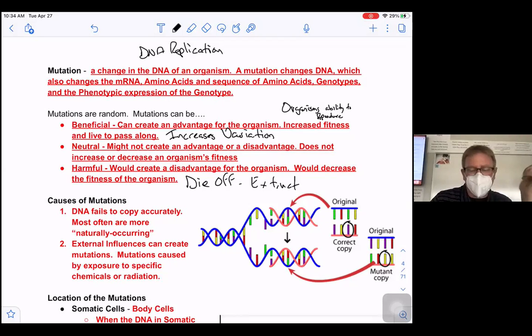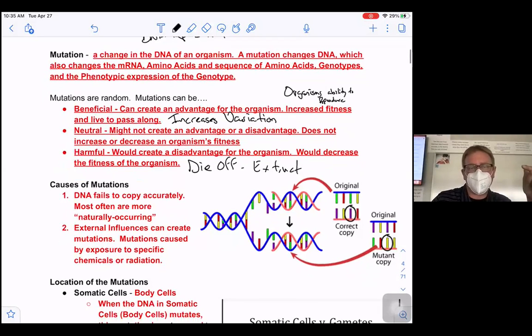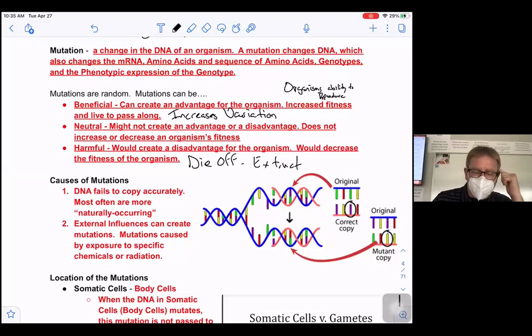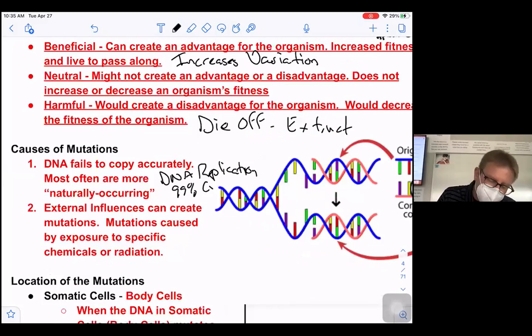So what's causing a mutation? Well, DNA fails to copy accurately, and this occurs naturally. Again, this is occurring in DNA replication. DNA replication actually has errors in it, and about 99% of the time we correct those errors.